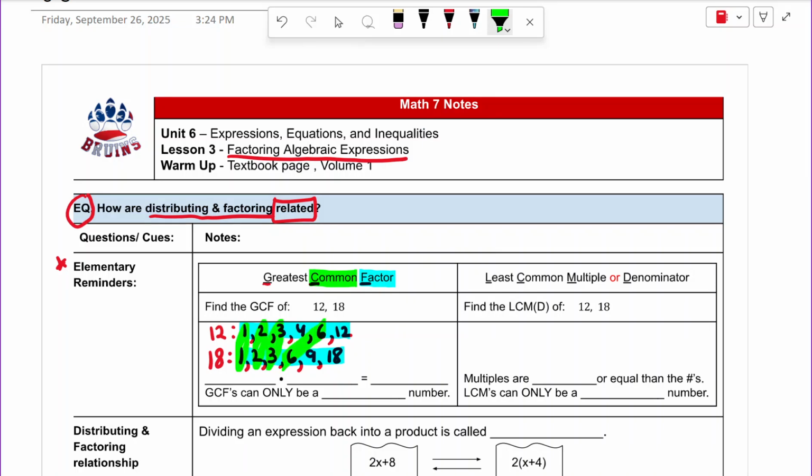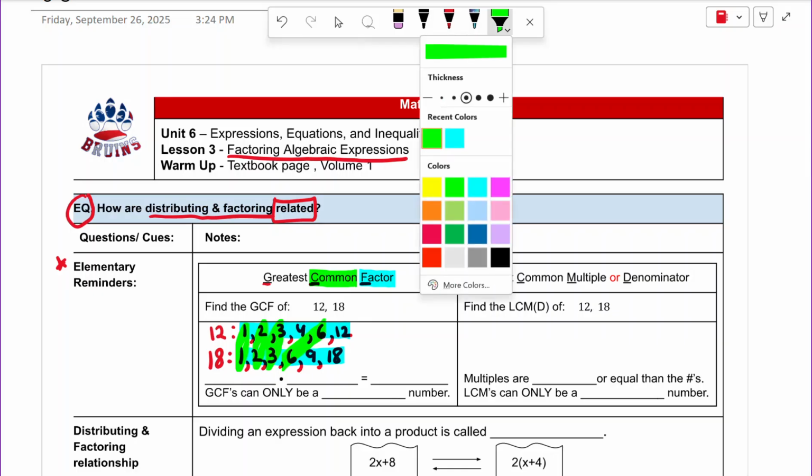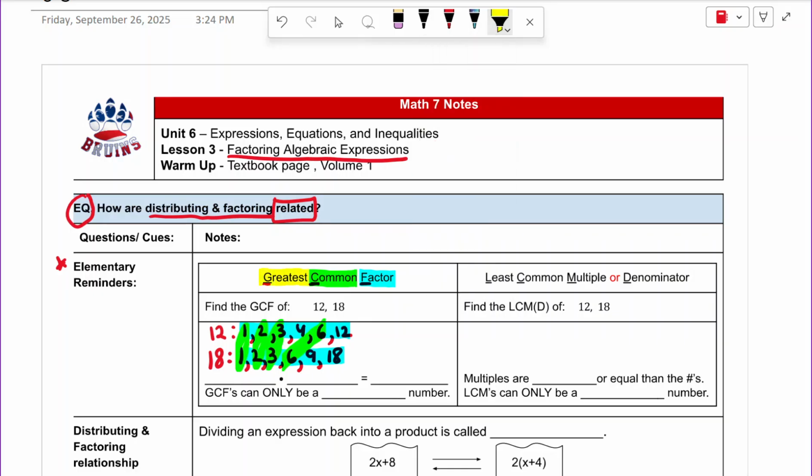Is there anything else in common? No, there's not. And so now of those, we are going to pick the greatest of them. Now the greatest one is 6. It's hard to see my highlighting, so I'll circle it. 6 is the greatest common factor.